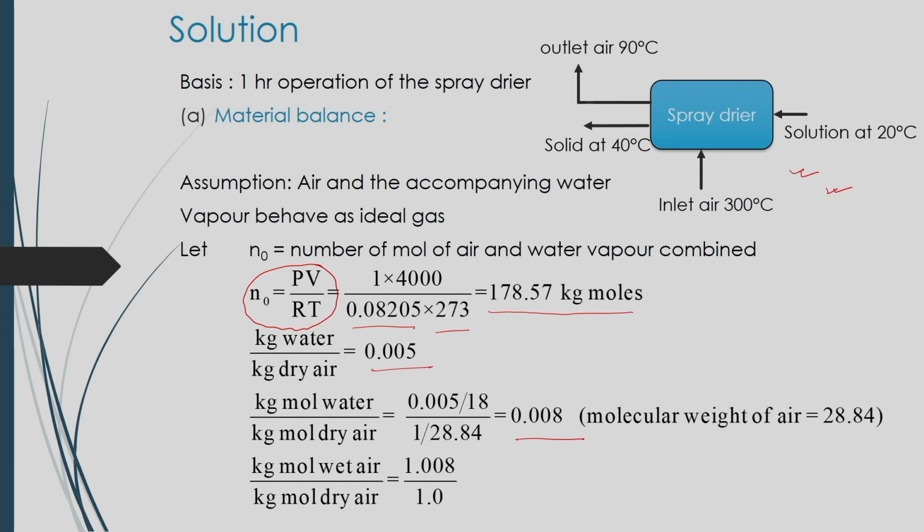And kg mole of wet air per kg mole of dry air you can get simply by adding that 0.008 to the 1 mole of dry air.